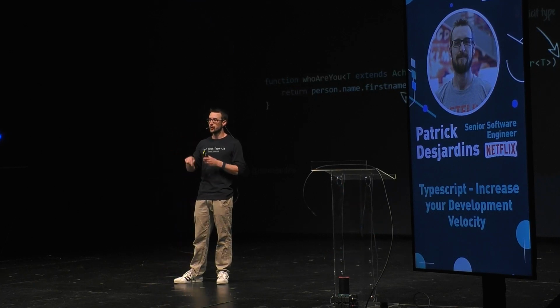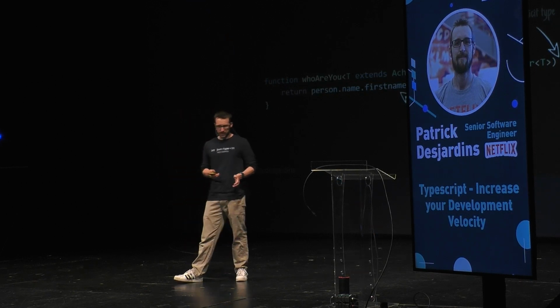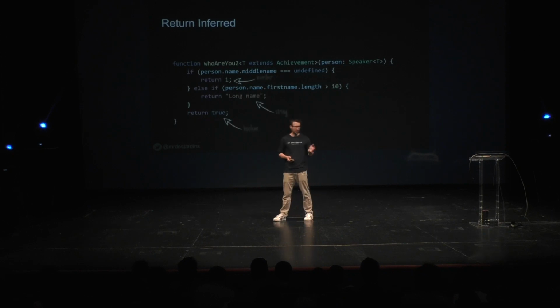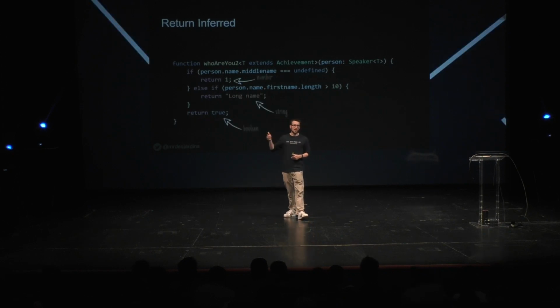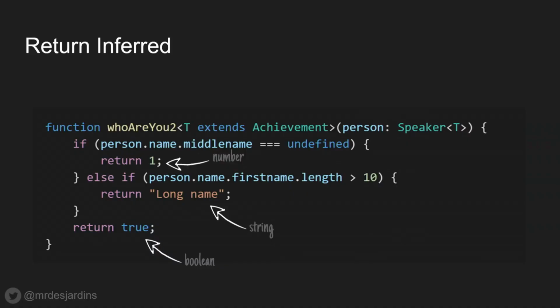And hence, any consumer that's going to start using this function is going to see that the return type is string. So this is a double edge, because if I start changing this function, for example, and now I'm returning a number and sometimes a string and sometimes a Boolean, since I don't have any return type, it's still going to compile. The reason is that TypeScript is going to figure out that the return type should be a union of a number or a string or a Boolean.